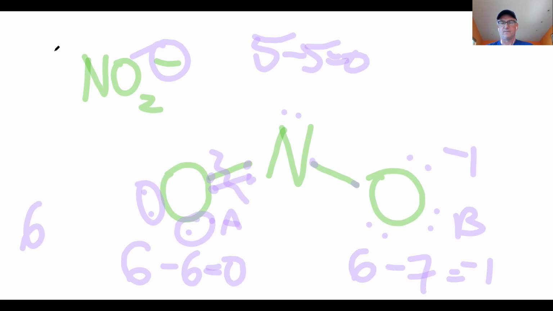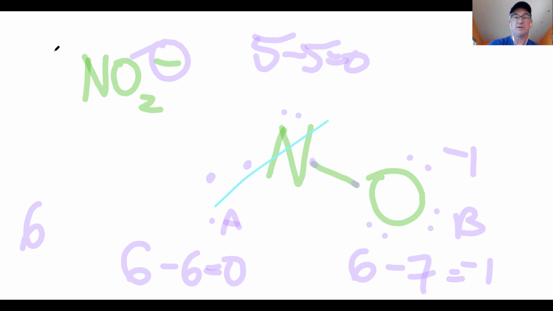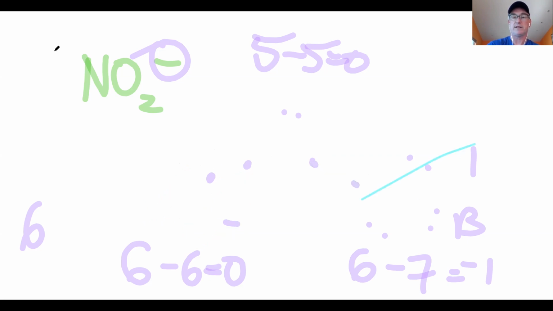Let oxygen A become like oxygen B. Yeah, oxygen A could have had the negative charge on it, and oxygen B could have the double bond. And so we also learned that those two are in resonance. And if we were to draw a hybrid resonance structure, it would look like this. An average of the two would look like this.